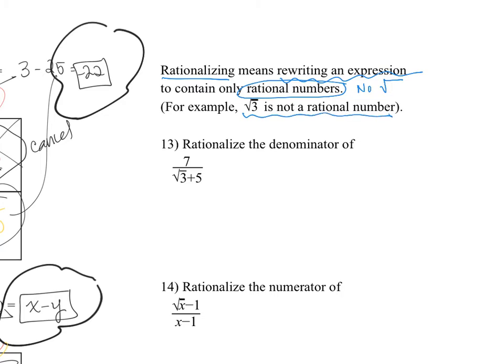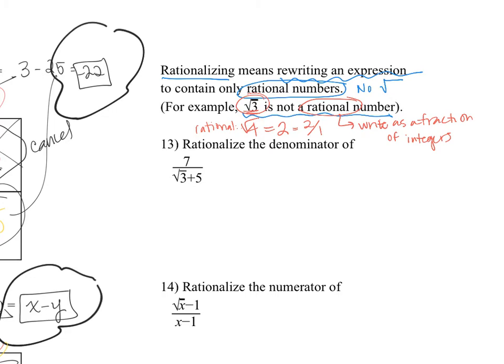Remember, rational number means that you can write it as a fraction of integers or like whole numbers, but they could be pluses and minuses. So like square root of 4 is rational because we can rewrite it as 2, which can be rewritten as 2 over 1. But square root of 3 is for sure not rational. So square root of 4 would be, but square root of 3 would not be.